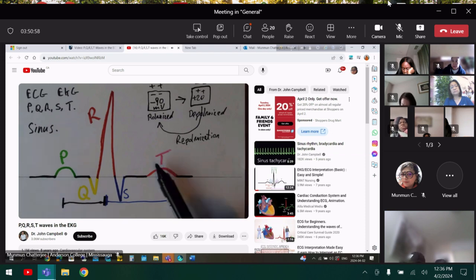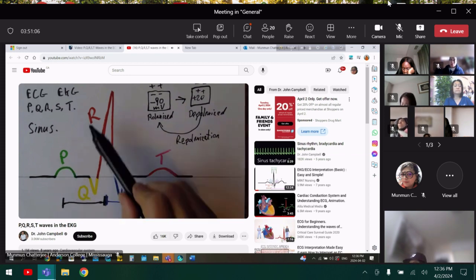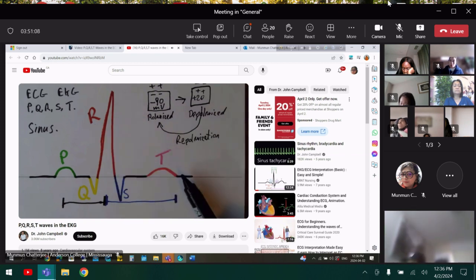It's still initiated by the sinoatrial node, it's still fine, but it's below the rate of 60, so technically it's described as a bradycardia. If you've got a P, Q, R, S, T in the right order and it's fairly regular, but the rate is above 100, that is a sinus tachycardia. They're the three normal rhythms: sinus bradycardia, sinus rhythm, sinus tachycardia.